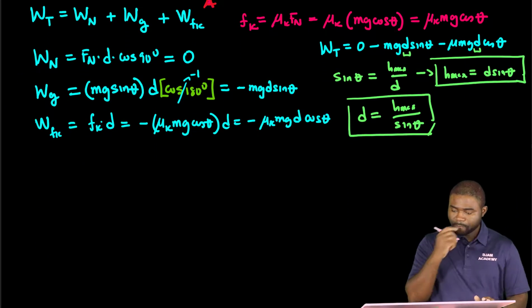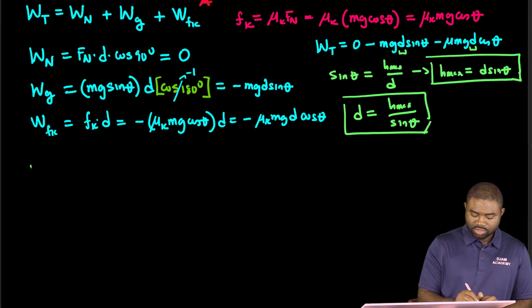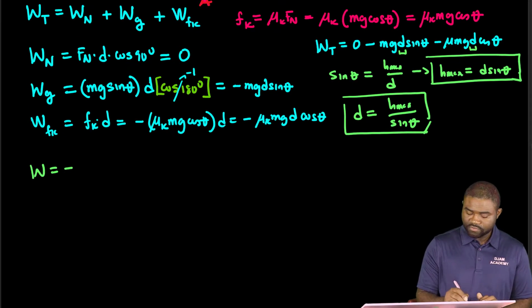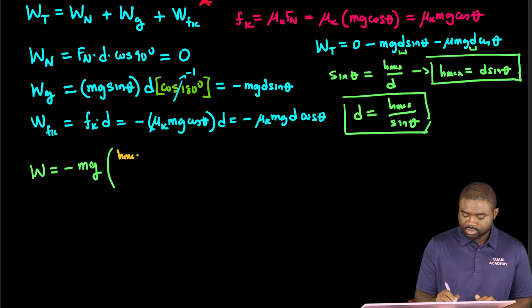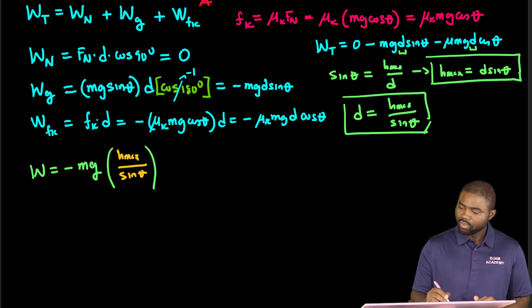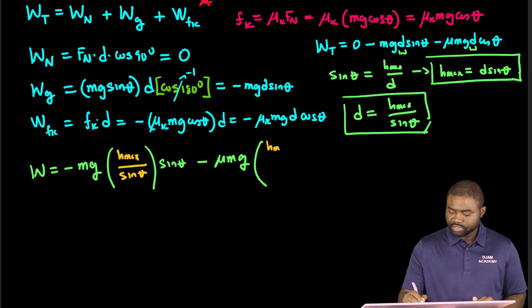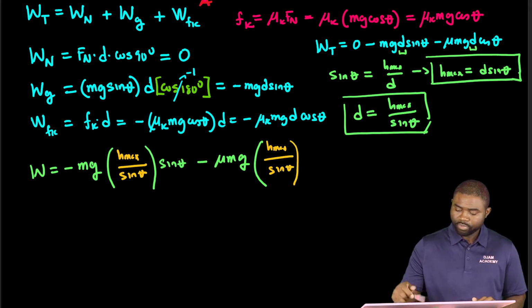So if we do that, we have the total work equal to negative mg d, which is h max divided by sine theta, times sine theta, minus mu mg d, which is h max divided by sine theta, multiplied by cosine theta.